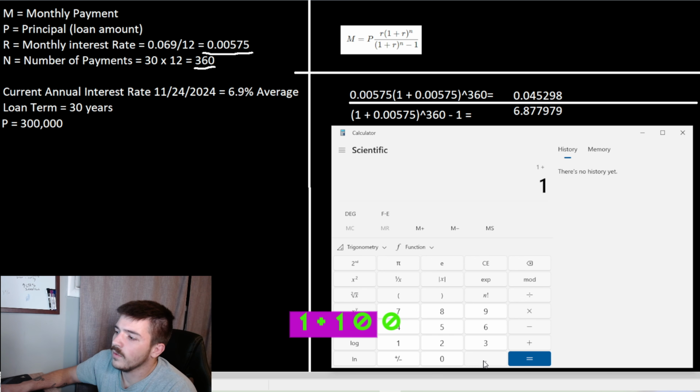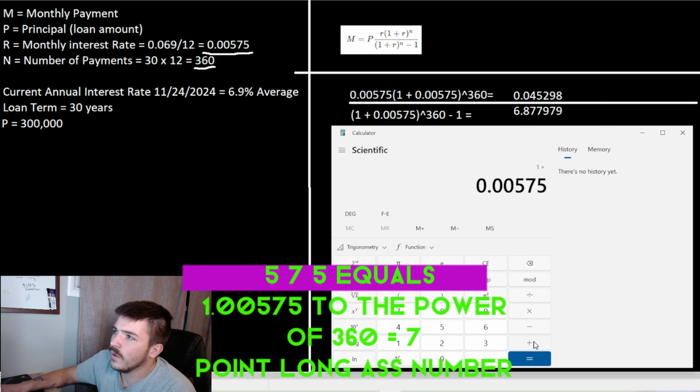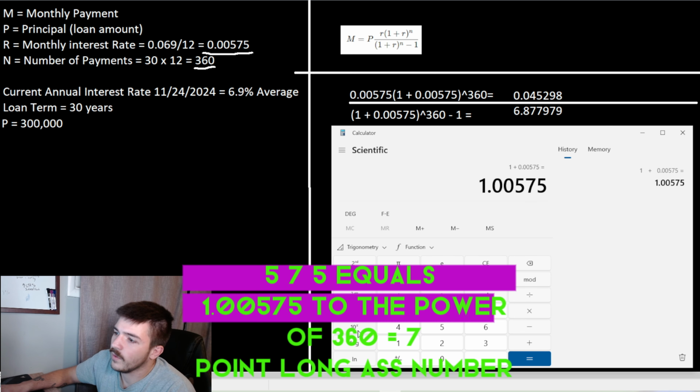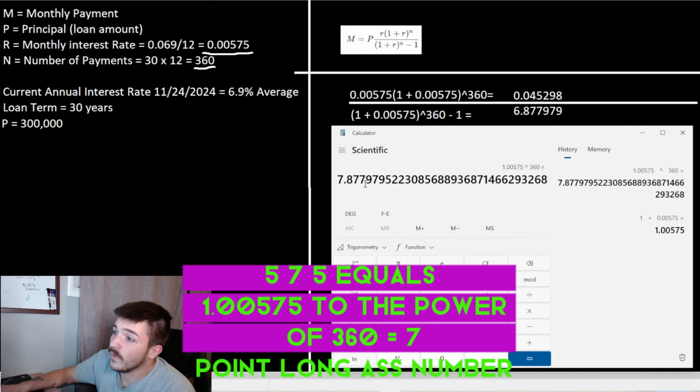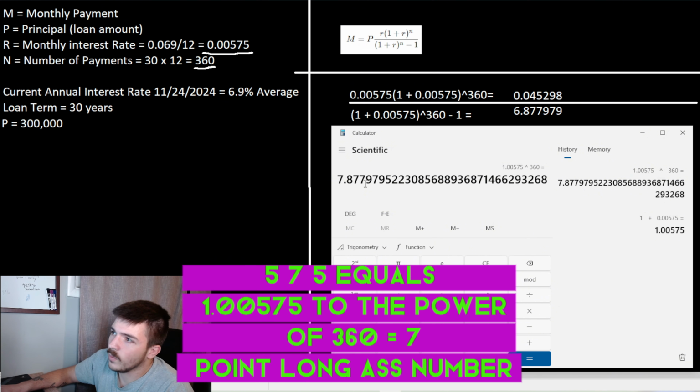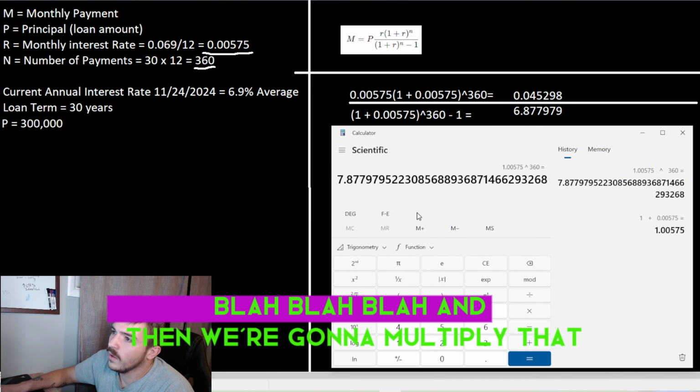1 plus 0.00575 equals 1.00575, to the power of 360, equals 7 point long number, blah blah blah.